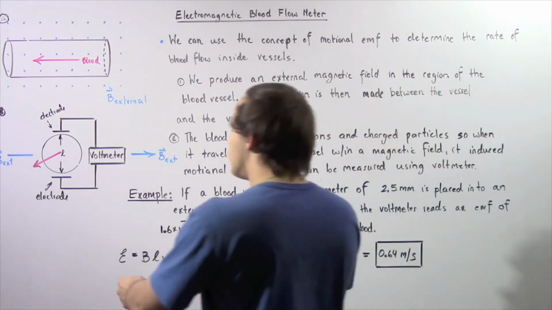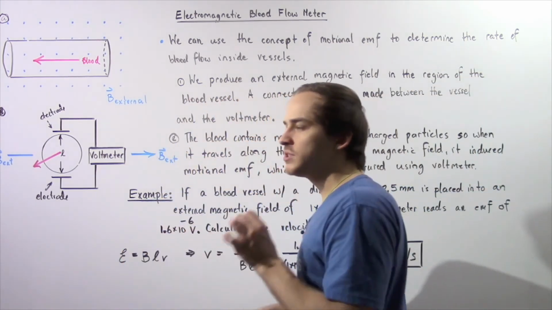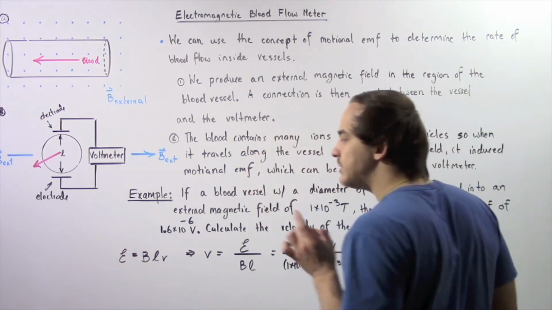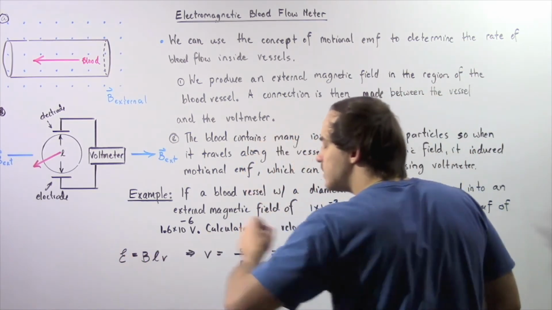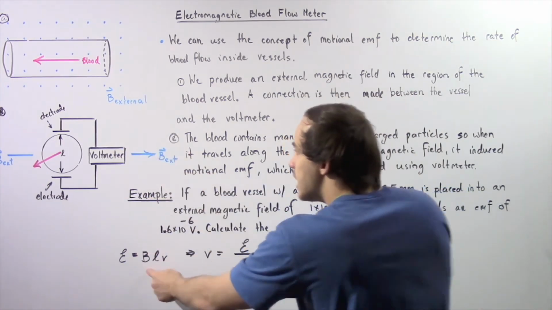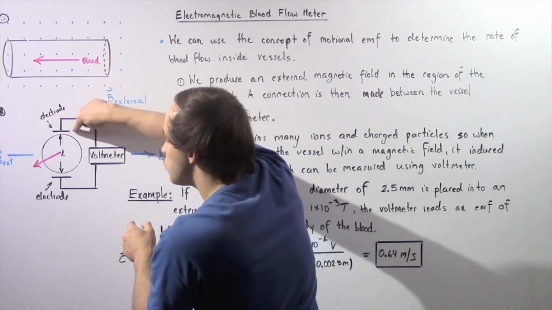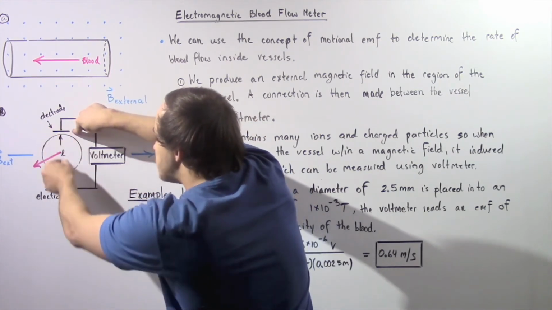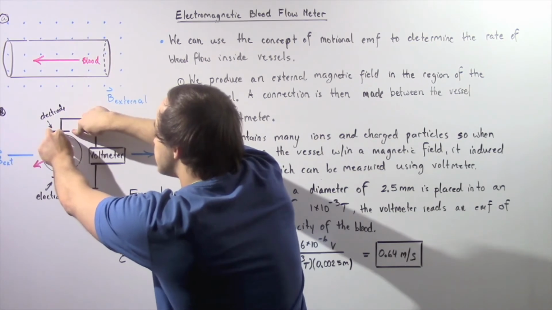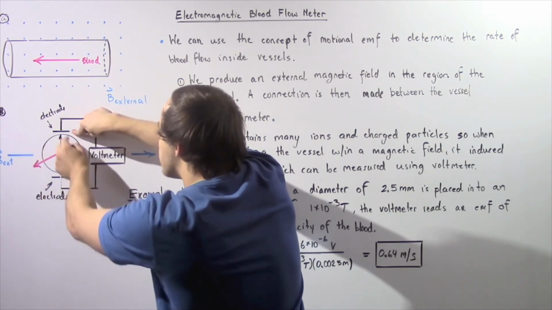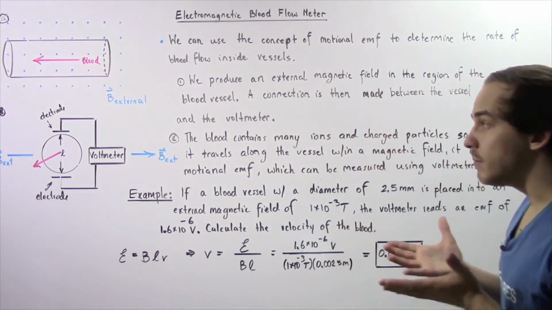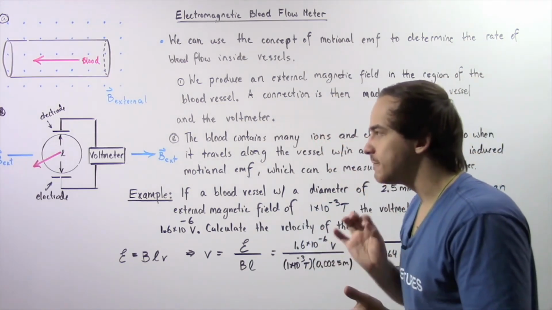We use the following equation, which we were able to derive in a previous lecture. The motional induced EMF is equal to the product of the external magnetic field B, the length L, the distance between these two electrodes, which is simply the distance from one end of our blood vessel to the other, our diameter, multiplied by the velocity of the blood, which is what we're trying to find.